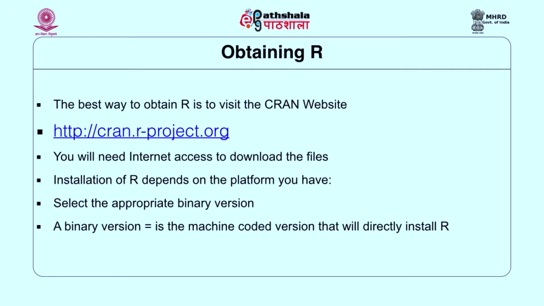Other people use, for example, this particular lecture is being developed on a Macintosh operating system, or OS X, so that's another operating system. For each operating system, the R developers have put together a binary version that you can double click and install. So a binary version is a machine coded version that will directly install R.